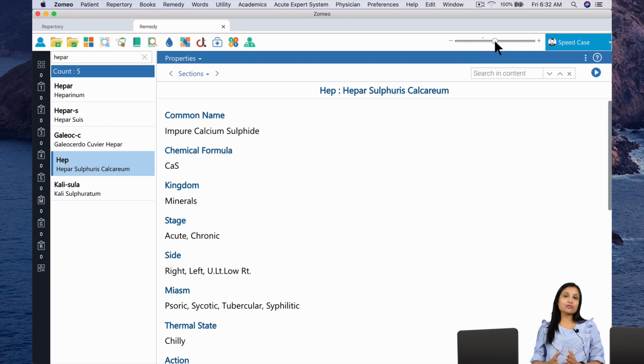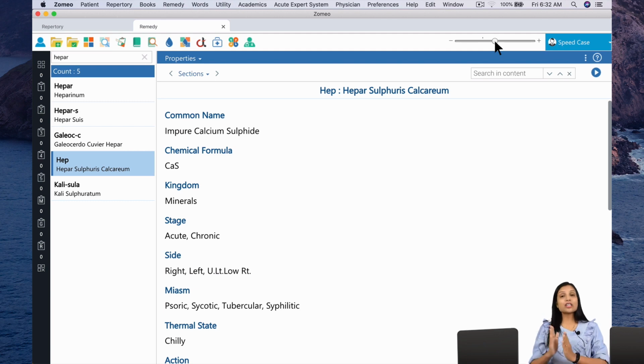Now, calcium sulphide is represented in homeopathy as a separate remedy, Calcarea Sulphuricum. We have Calcarea Sulphuricum in the homeopathic form as well as the biochemic form. Hepar Sulph Calcareum is the impure form of Calcarea Sulph. Why is that?